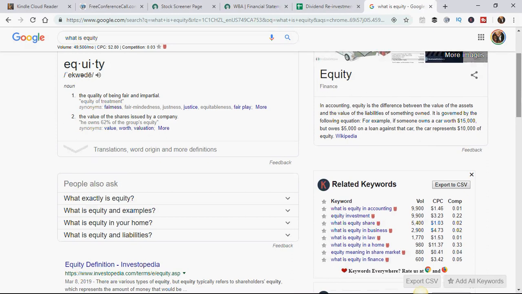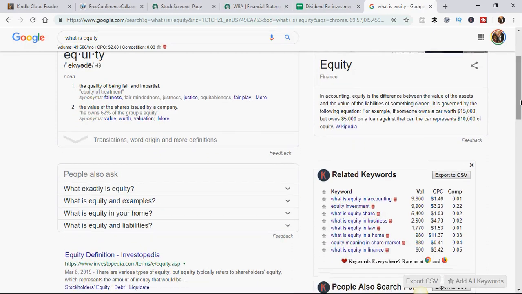All right. So equity is the difference between the value of the stuff that you own minus the stuff that you owe. Okay. So is that the book value that we talked about? Yeah. Is how much money are they making on that money?